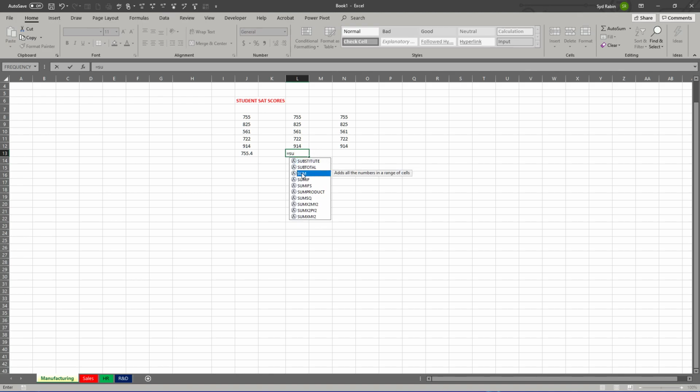You click on it. Once it becomes highlighted in blue, you can double click on it. It'll help you build the function. So we put a parentheses after the function. Now it wants you to give it the numbers that you want to add up. So you can click right in here in the first number and drag down to the last number.